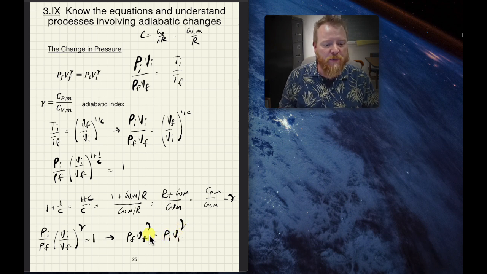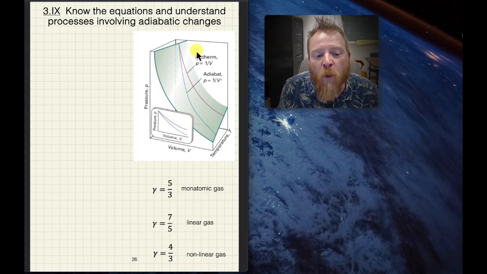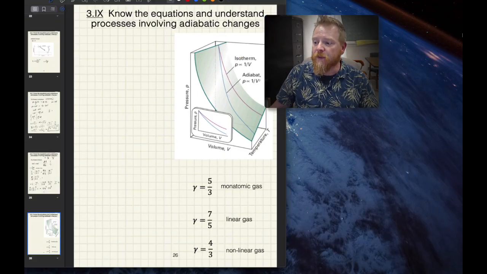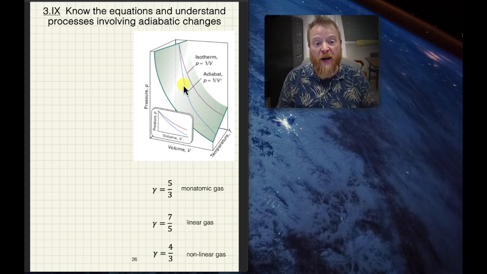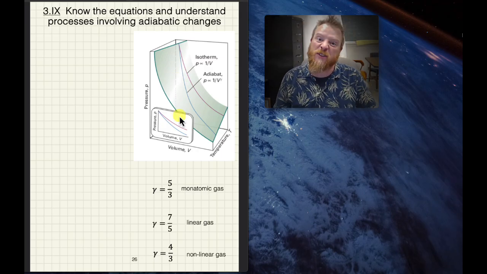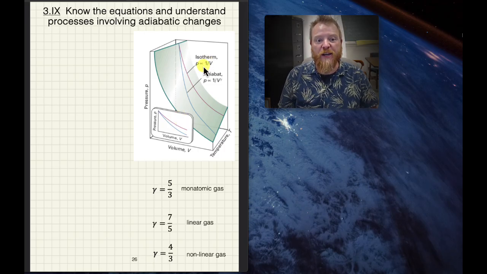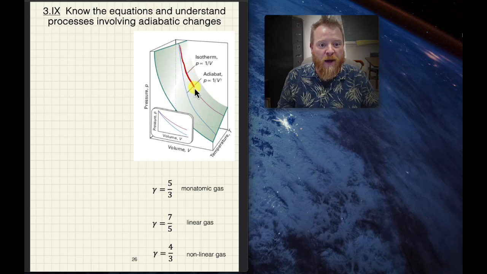So what is the big deal of all of this algebra that I made you all look through? Well, if we go back to our ideal gas surface equation here, right? And before, when we were looking at our individual gas laws, we were identifying our isotherms and our isochores and our isobars. So what I want to note here is in our isotherm, let's highlight that, right? That will describe isothermal expansion.